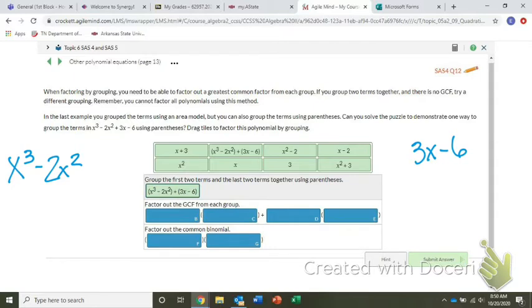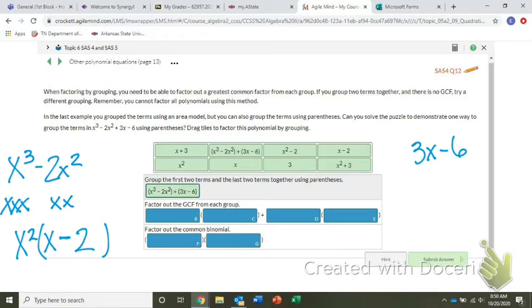How many x's are in x cubed? 3. So we have 3 x's here, and we only have 2 x's in negative 2x squared. So they have 2 in common, so I can factor out an x squared. I want an x cubed, so I need to add an x.